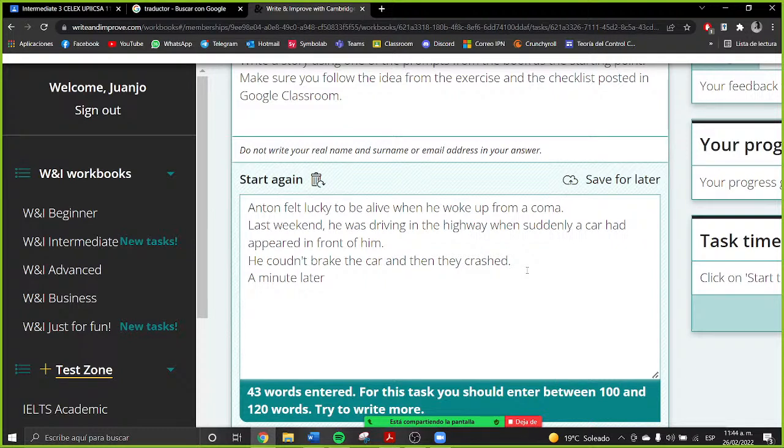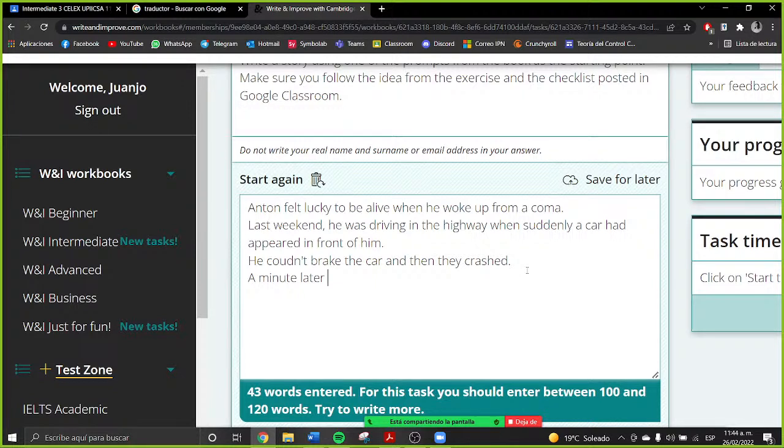No, primero, bueno, ya sería irnos más para allá, ¿no? Sí. Ya sería como más después. Sería un minuto más tarde, había, no sé, personas ayudando o qué sé yo, o llegó la ambulancia, no sé. Or he was in the hospital, maybe. Habían llegado personas, no sé. Había llegado la ambulancia o algo así.